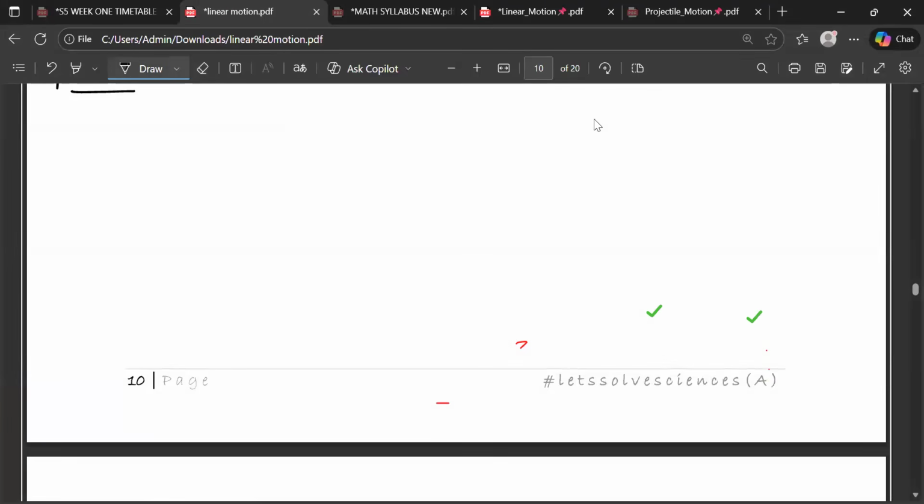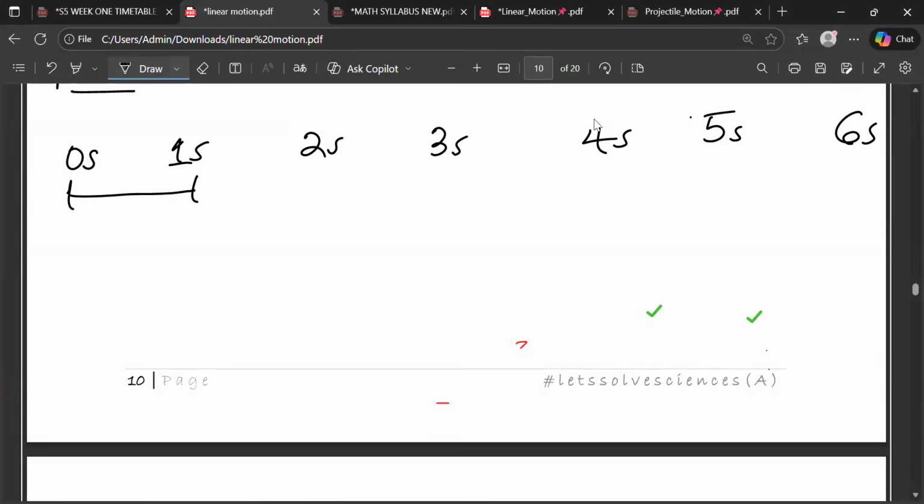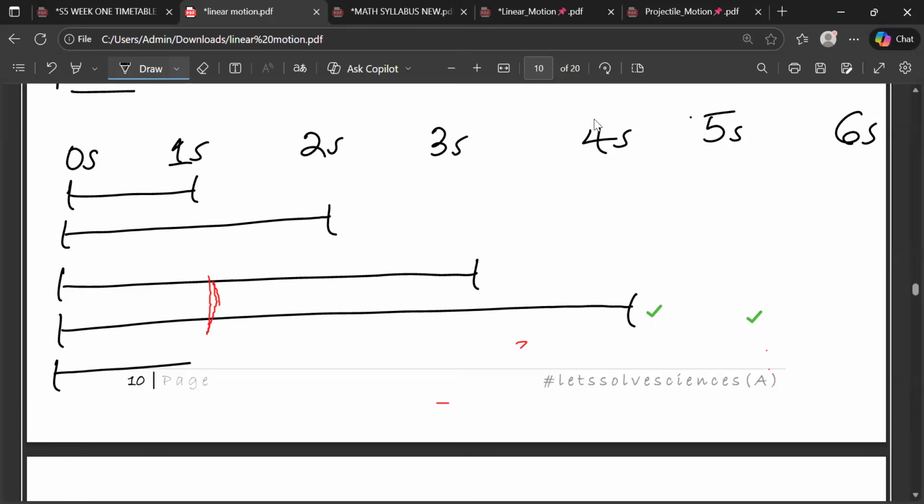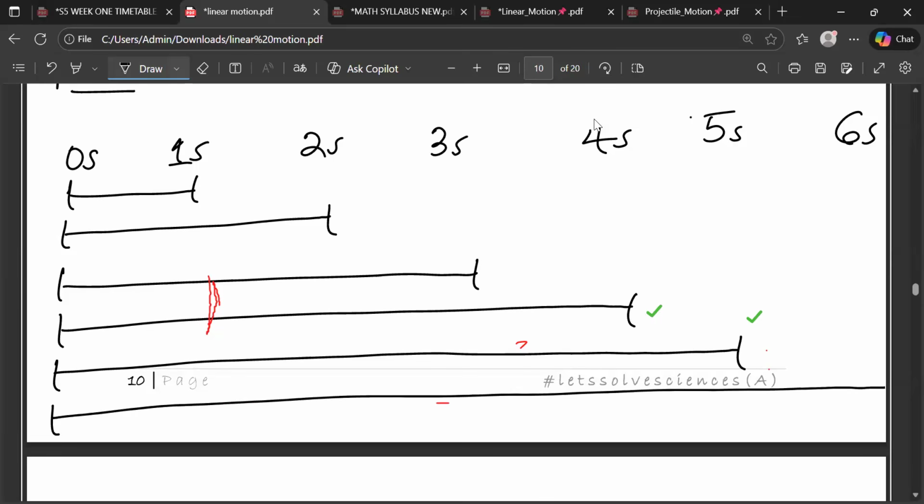So I'm saying you're having 0 seconds, 1 second, 2 seconds, 3 seconds, 4 seconds, 5 seconds, 6 seconds. Having this, the distance you cover for the first second, in 2 seconds, in 3 seconds, in 4 seconds, in 5 seconds, then in 6 seconds.